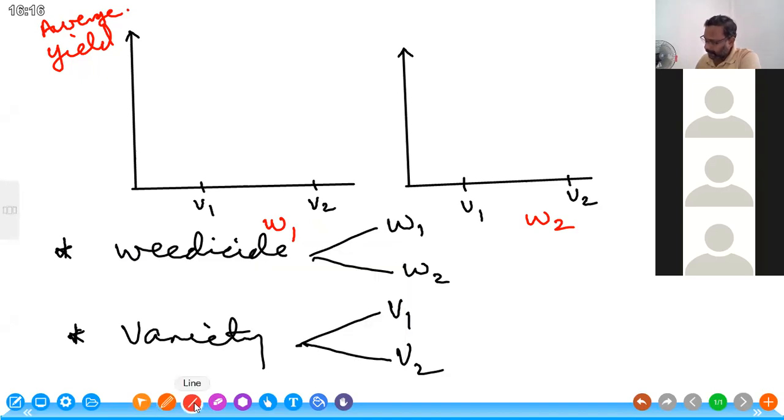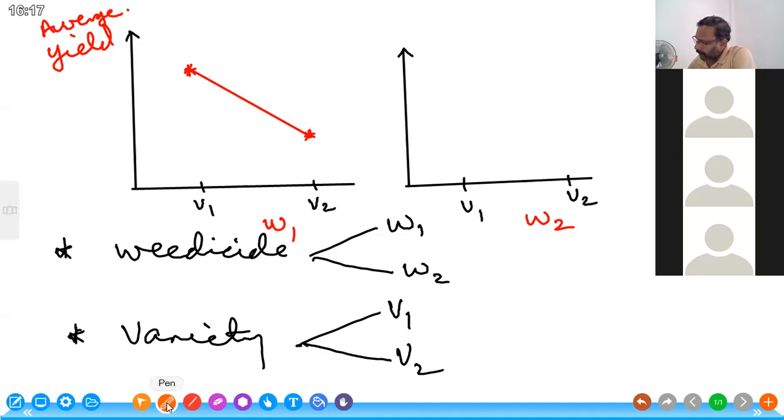Right. Let's say for we decide 1, I got a high yield from variety 1 and relatively low yield from variety 2. So this is my straight line.